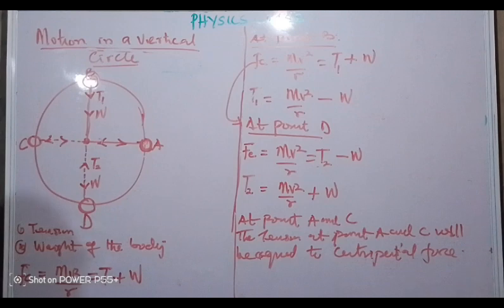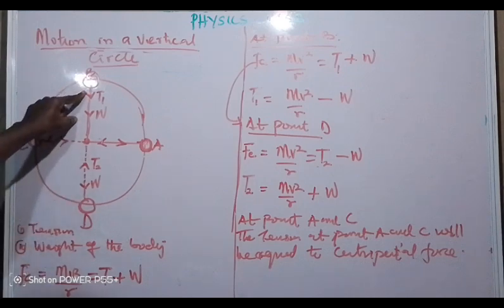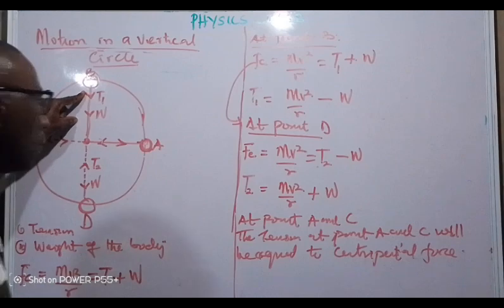Therefore, what are we going to deduce from this? We can now say that when an object is moving in a vertical circle, at point B like this, the tension will have the least value.